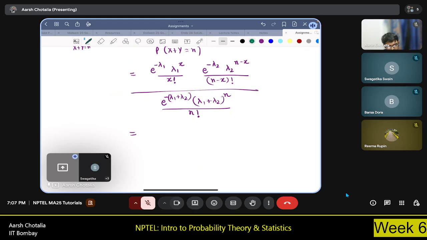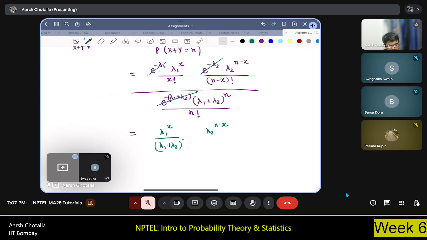Now some things very nicely cancel out. These things, e raised to minus lambda 1 and e raised to minus lambda 2. That gives this one. And then this lambda 1 raised to x and lambda 2 raised to n minus x. And on the bottom I have lambda 1 plus lambda 2 raised to n, that I can divide into two parts.